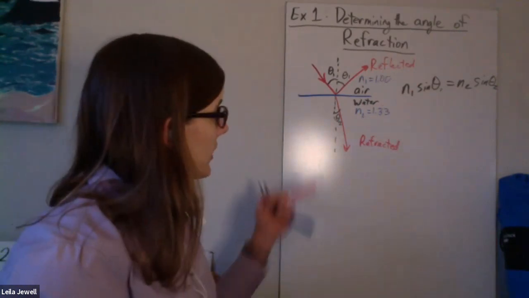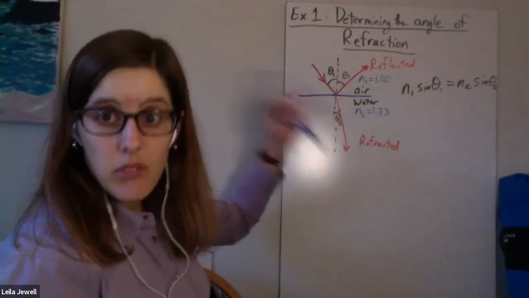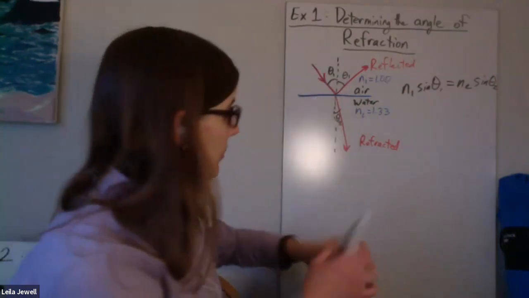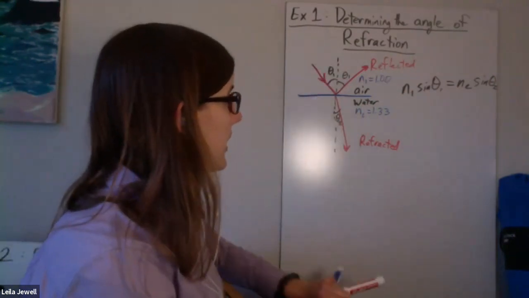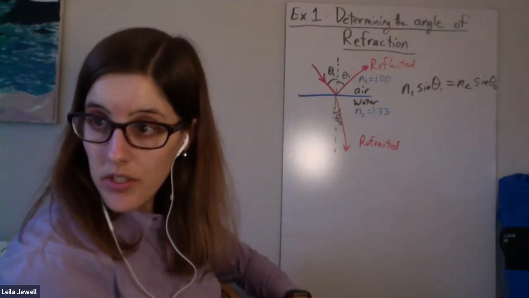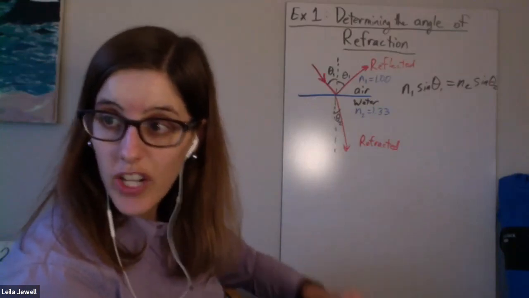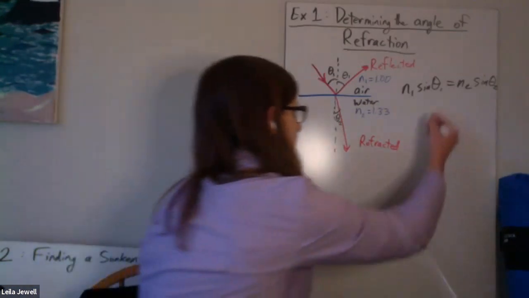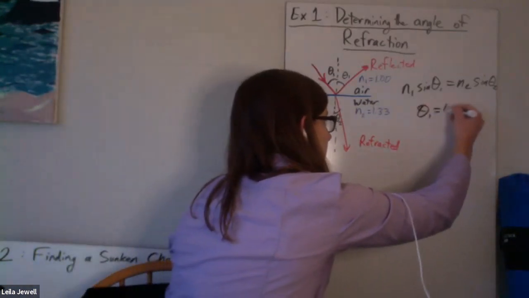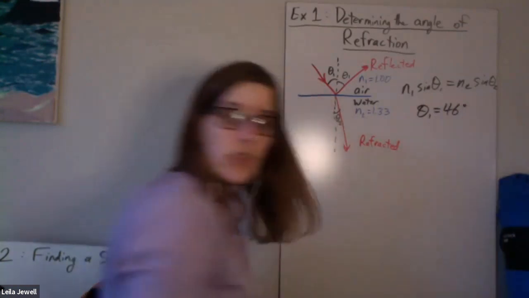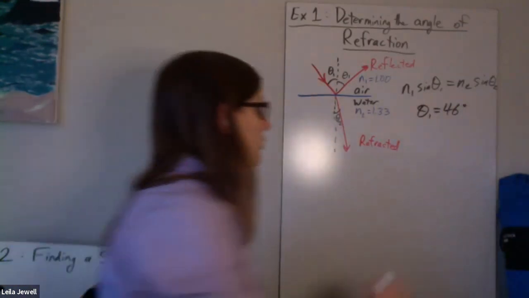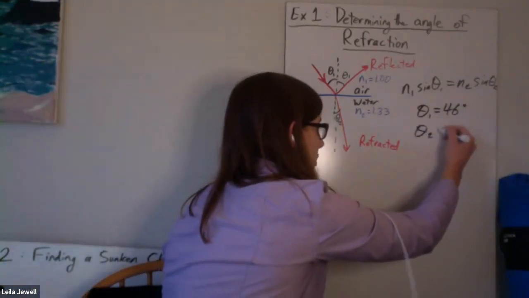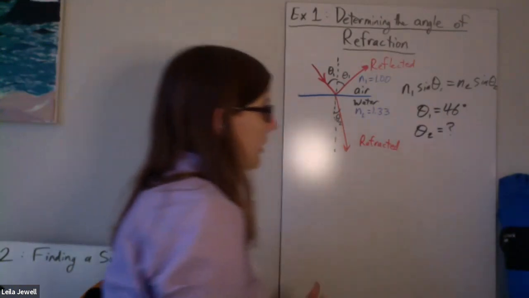And then once you know the materials, you know the refractive indices, but they also tell us the incident angle, that the light is striking the surface at this angle of 46 degrees. So we're now just solving for the angle of refraction, which is always going to be theta 2.